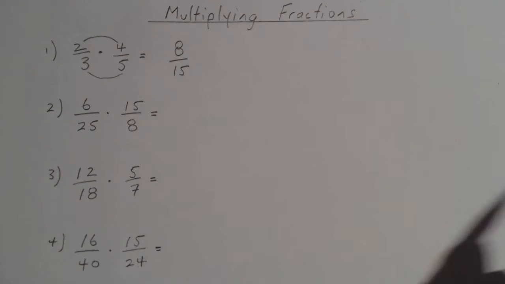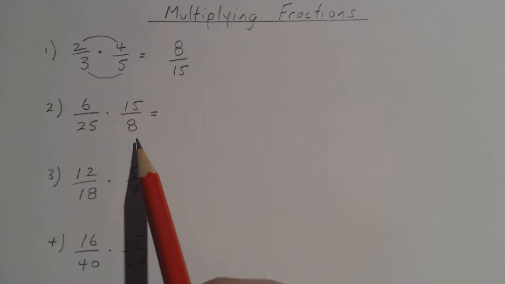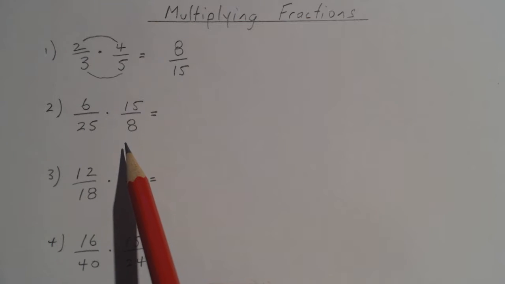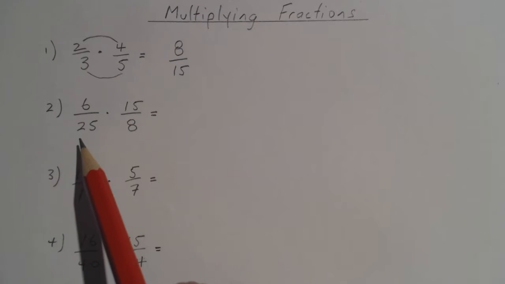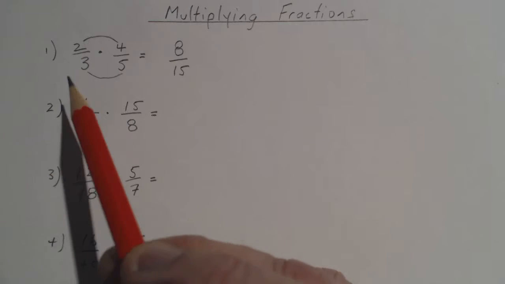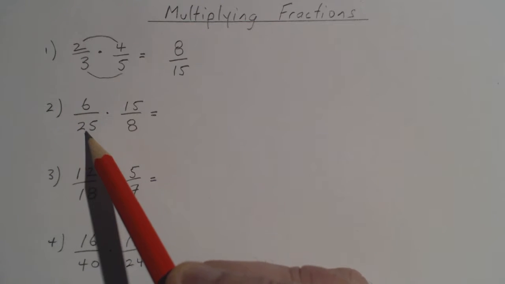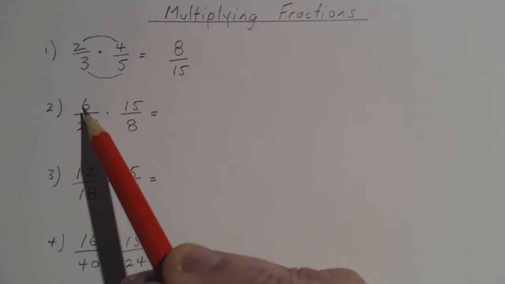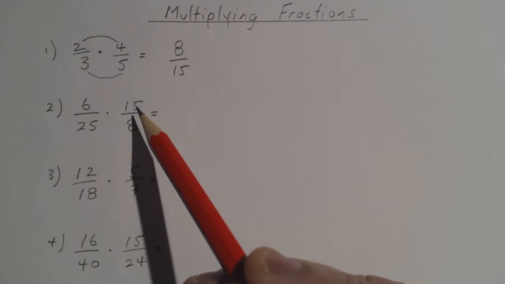Number 2. Now, before we multiply the two top numbers together and the two bottom numbers together, what's very important is to check and see if we can make the top numbers and the bottom numbers smaller. So can we cancel? Now, if you look at this carefully, we can't cancel or simplify this fraction on its own because there's no common number that divides into the top and bottom, and same here.